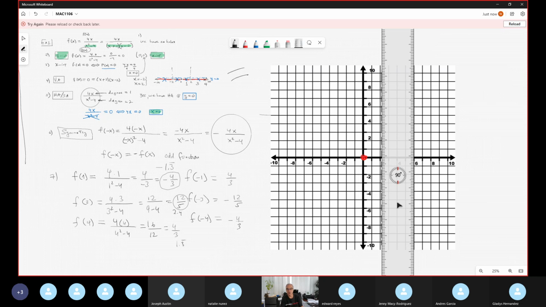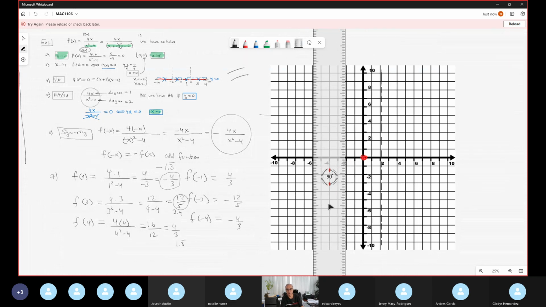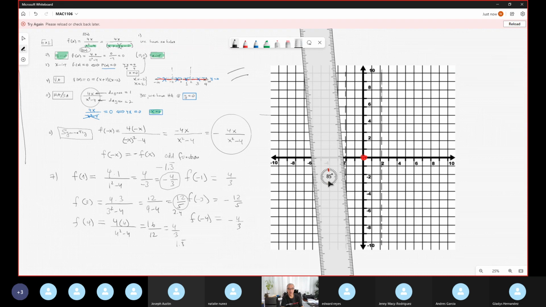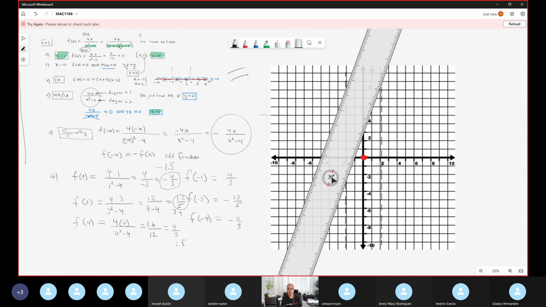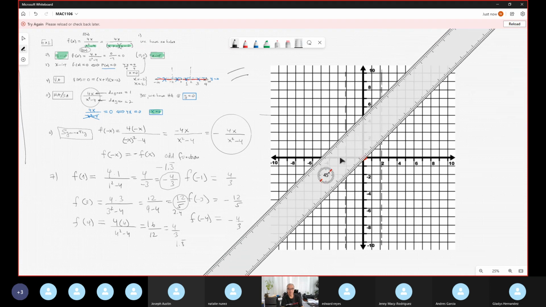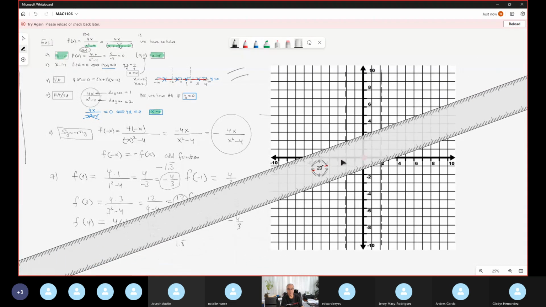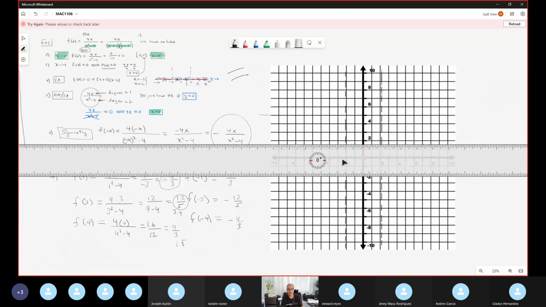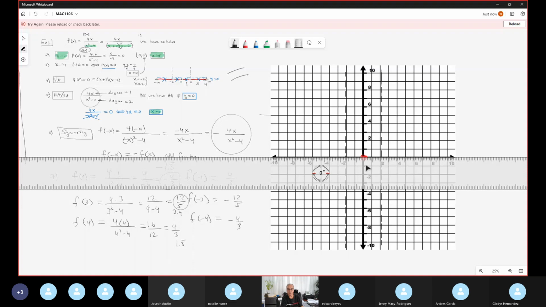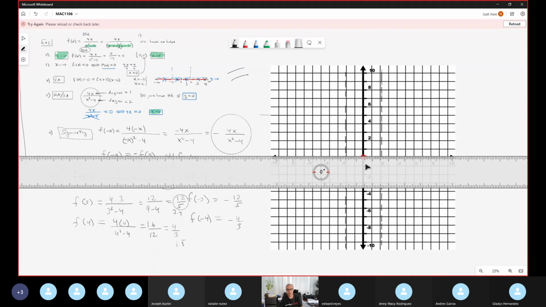And positive 2 is one vertical asymptote, and negative 2 is another vertical asymptote. Now horizontal. A horizontal asymptote is a horizontal line, at zero.